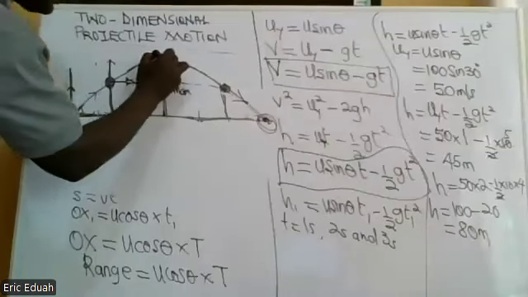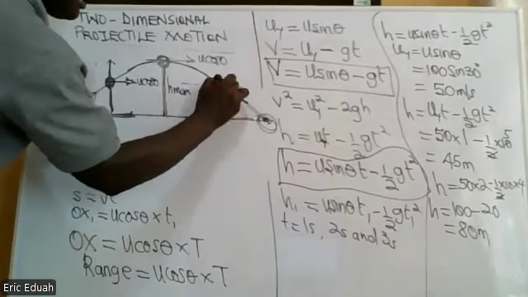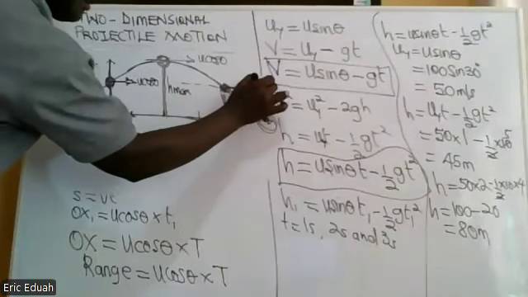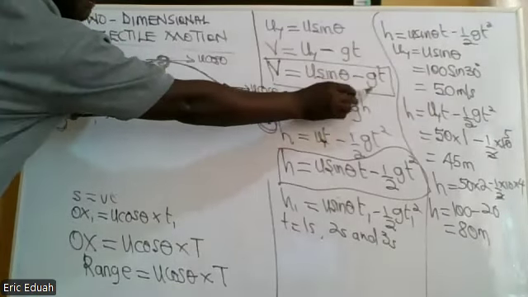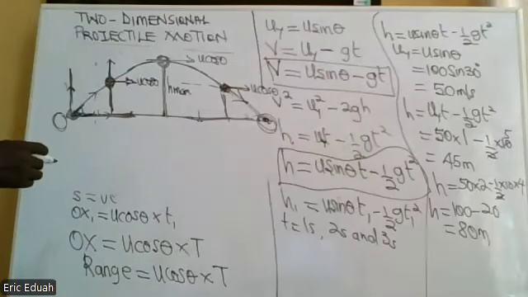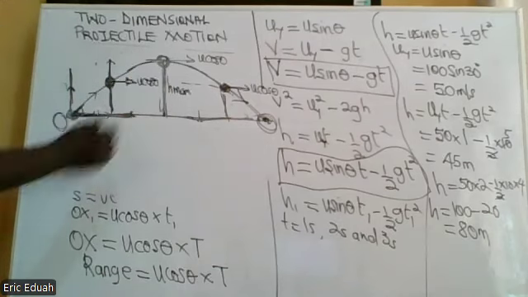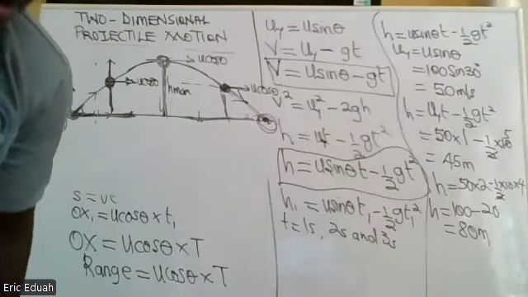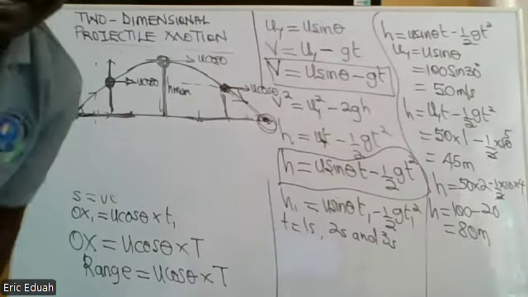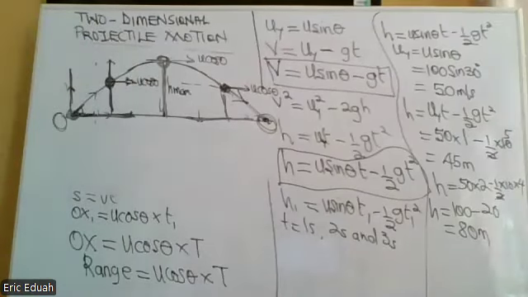So at every point, the horizontal velocity u cos theta is constant. The vertical velocity is not constant. It is time dependent. Okay. Now, when the body gets to the maximum height, the vertical velocity reduces to 0. At the maximum height, only the horizontal velocity acts on the body.